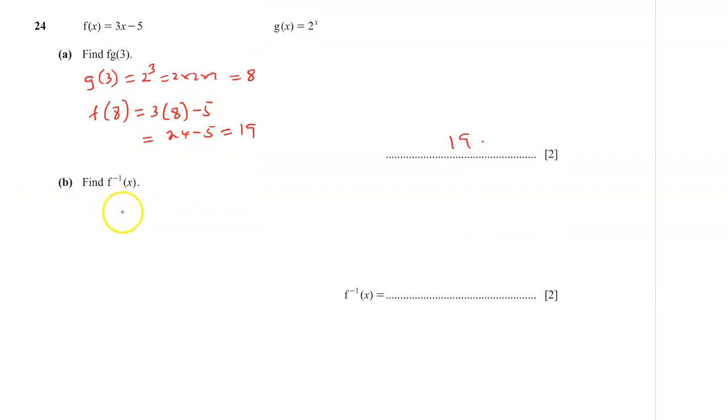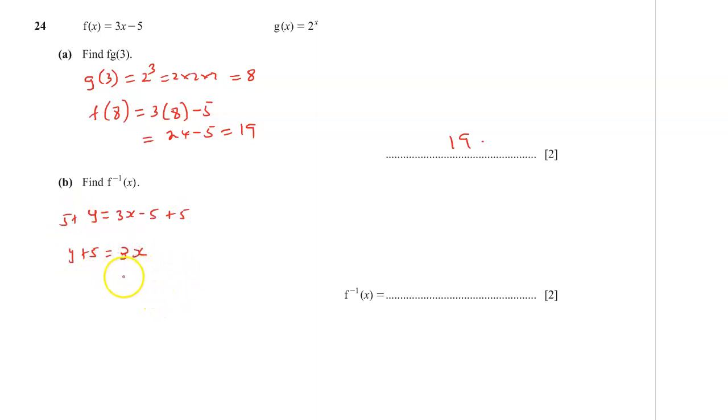The inverse of function f: we know that y, which is function f, is equal to 3x minus 5. We add 5 to both sides, so y plus 5 is equal to 3x.